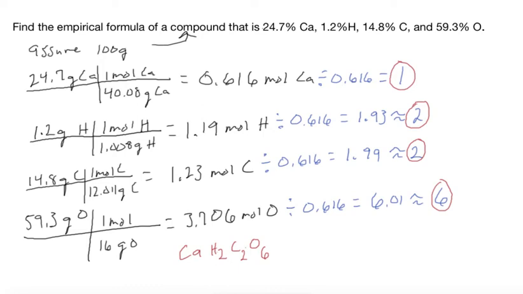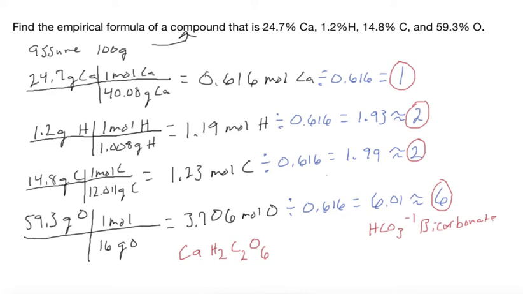In order to name this, let's look at the H, C, and O. If you're familiar with your polyatomic ions, you know that HCO3 with a negative 1 charge is bicarbonate. In order to make the H2C2O6 look like this, what if we took out a 2?